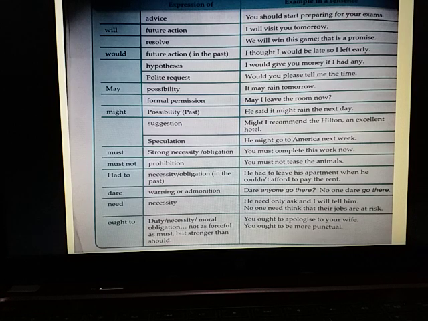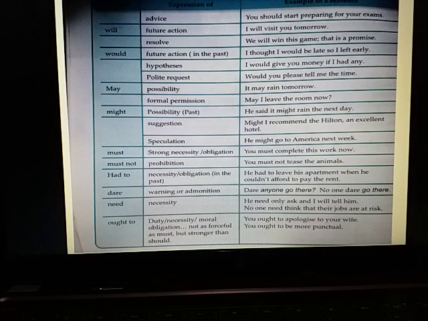May, to show possibility or probability, to give or take permission, to wish or pray, to show a purpose. Might, past form of may, to express less possibility, for permission, to express a guess.